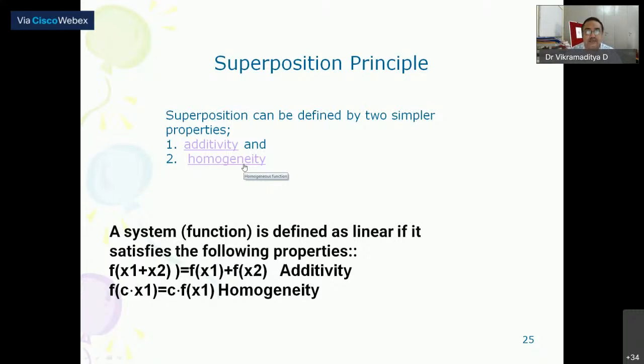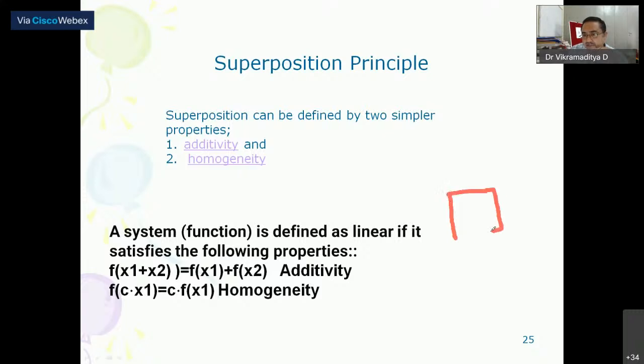So let us now discuss additivity. To understand additivity mathematically, I will draw some diagram so that you can grasp the fundamentals easily.